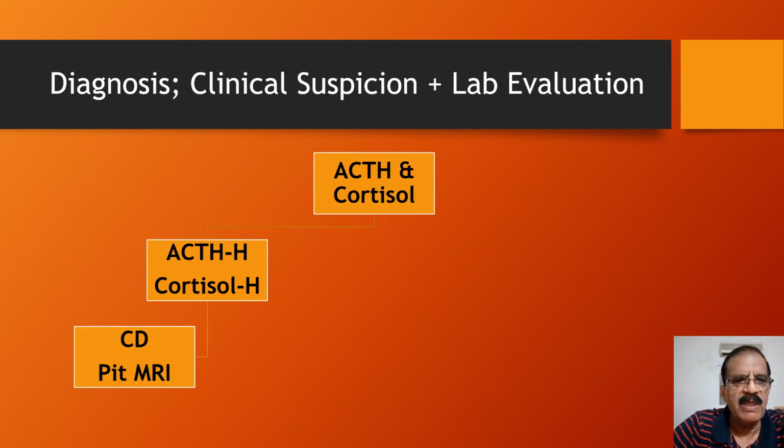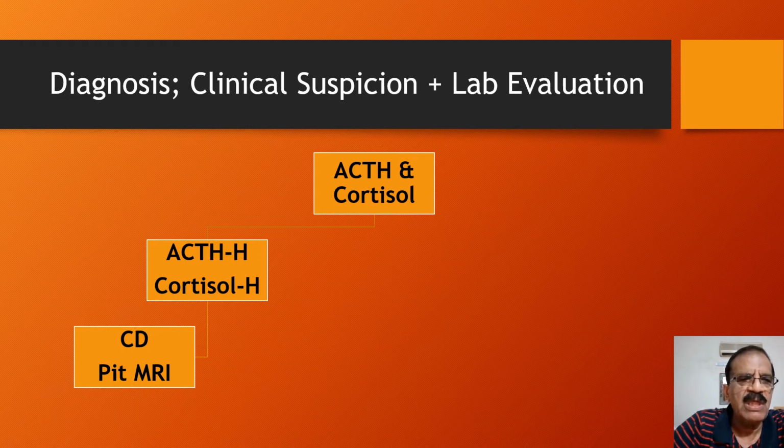So the two possibilities are Cushing disease, that means a tumor in the pituitary fossa, and we will go for pituitary MRI. When you order pituitary MRI, you must specify what you are suspecting. Only then will the radiologist be able to focus on the pituitary fossa and give you the right diagnosis.